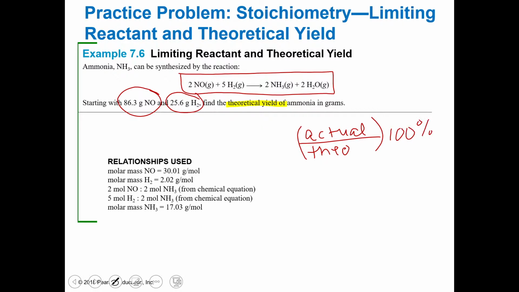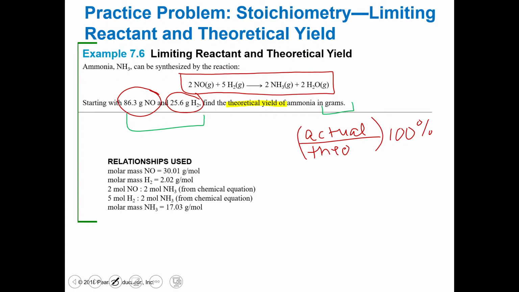Now, if you remember from last lecture, this is a mass-to-mass stoichiometric problem. We are given masses, and it's asking for a mass. So this is a mass-to-mass. If you remember and recall, we're going to be going from grams of the given to moles of the given, to moles of what's asked for, because that's how I can relate it.